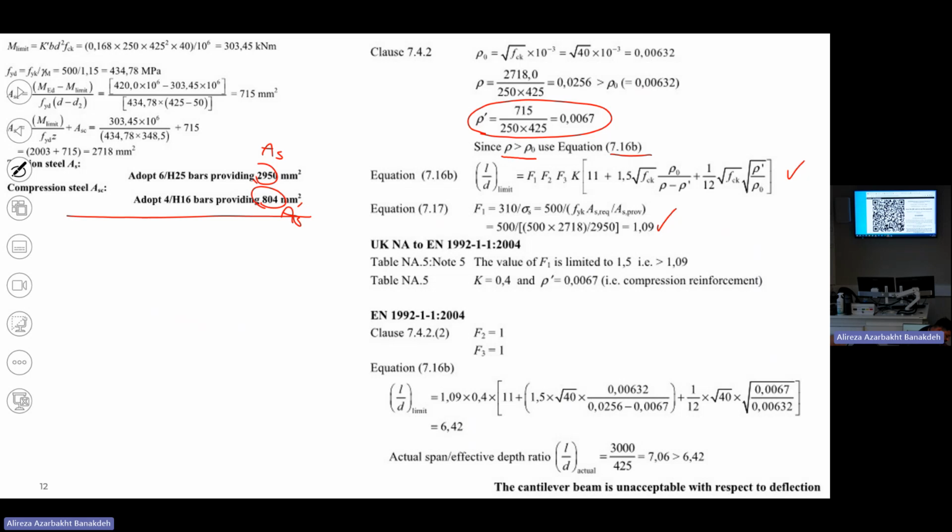And K is this one this time. And we have rho prime here, F2, again 1. If you run the numbers, you will come up with this value, 6.42. Okay? And the actual L over D is 7.06.